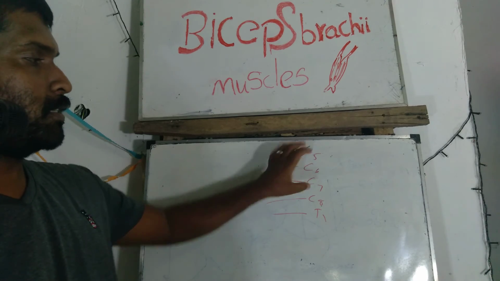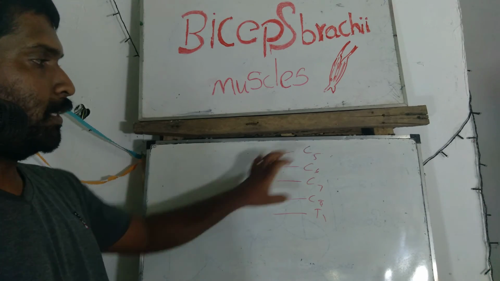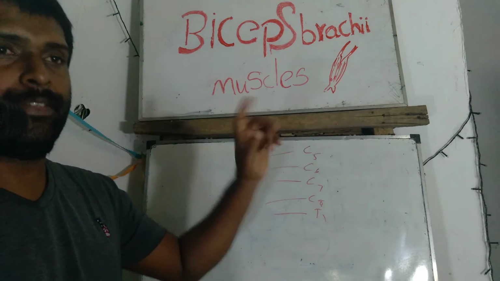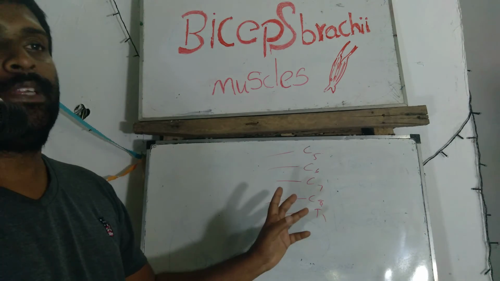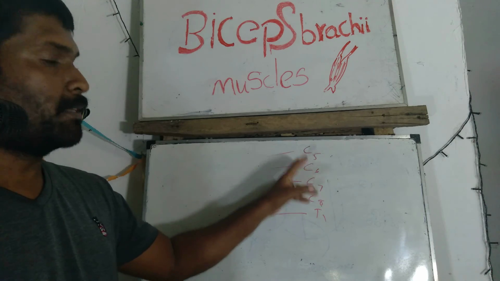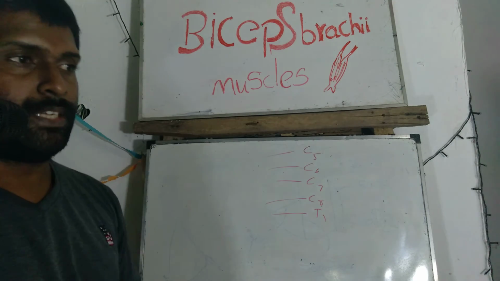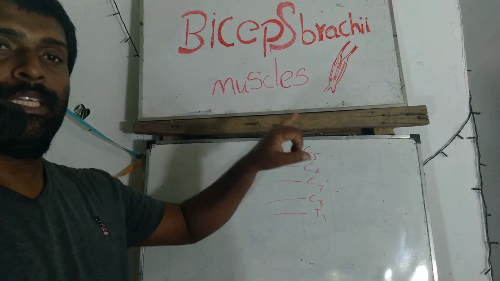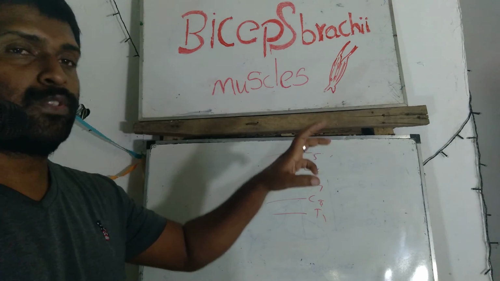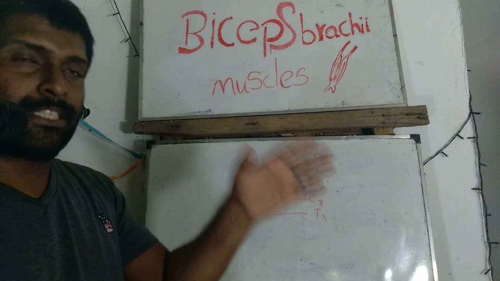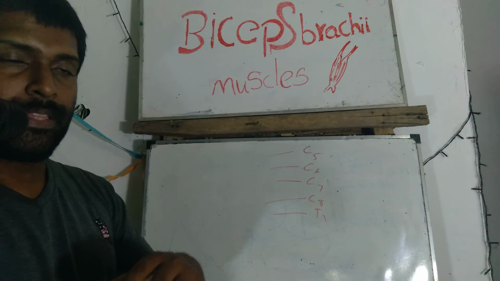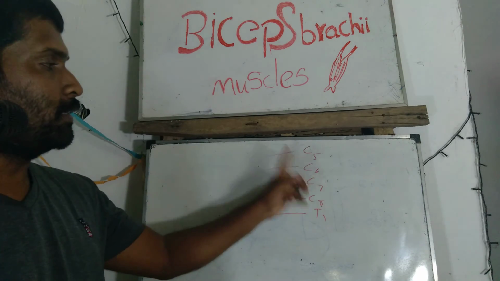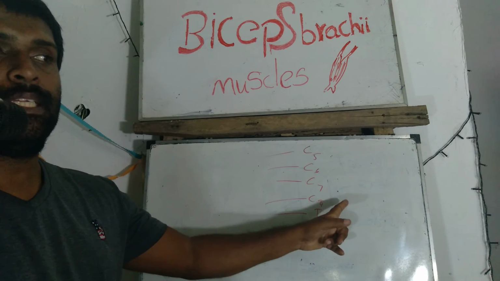C5, C6, C7 avulsion from the root, the nerve supply, the musculocutaneous nerve is damaged. With the musculocutaneous damage, the biceps also does not work because of the C5, C6, C7 damage. The connection to the central nervous system is lost, then the muscle does not work.